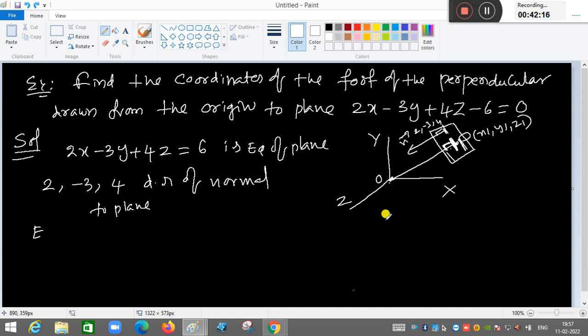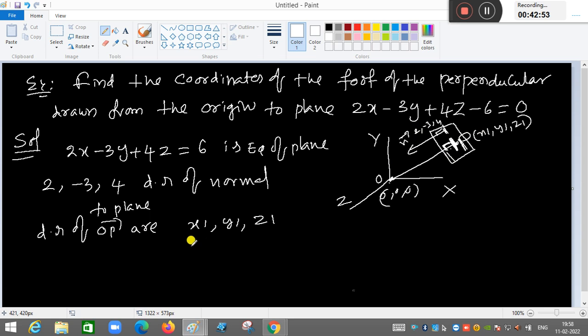Now we find the direction ratios. See, direction ratios of OP. This is an easy process. This is 0, 0, 0 and this is x1, y1, z1. So the differences between the x, y, z coordinates are the direction ratios. So x1, y1, z1 are the direction ratios. Both directions are parallel, so both are proportional.